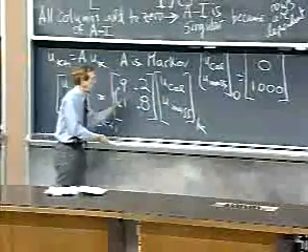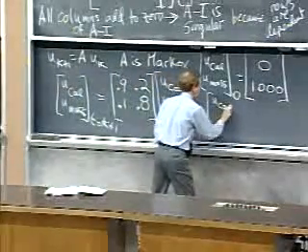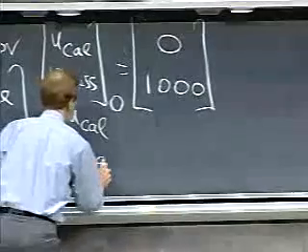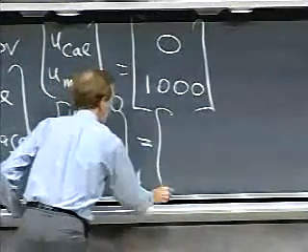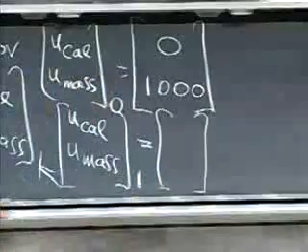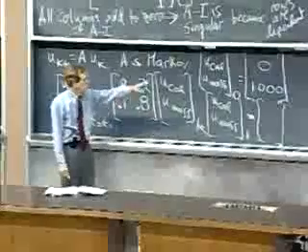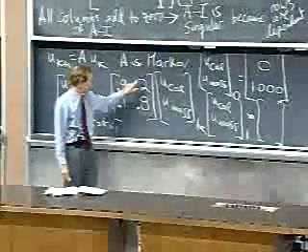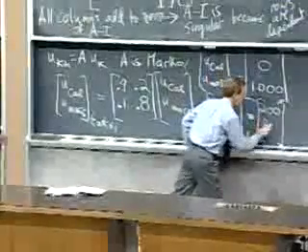Actually, why don't we figure out what it is after 1? After 1 time step, what are the populations at time 1? So what happens in 1 step? You multiply once by that matrix, and let's see. 0 times this column, so it's just 1,000 times this column, so I think we're getting 200 and 800.